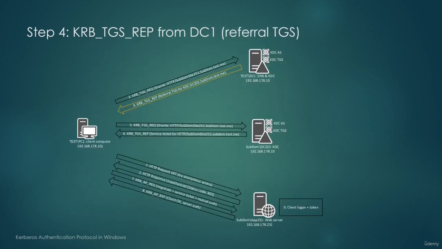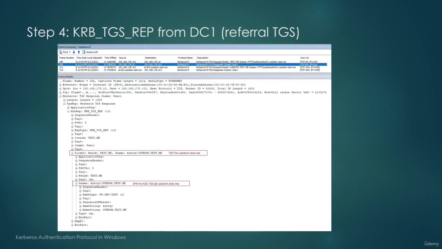The local KDC TGS determines that the desired server is not a security principal in its realm, so it replies by sending the client a referral ticket, which is a TGT encrypted with the inter-realm key, shared between the KDC servers in test.me and the KDC servers in subdom.test.me. We see a TGT for the subdomain, and the SPN of the responsible KDC are included in the response.